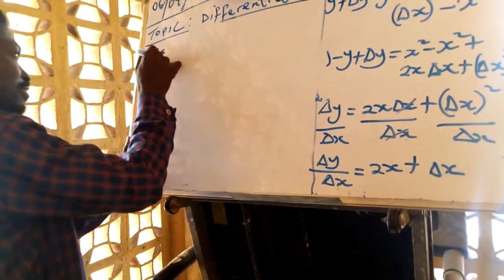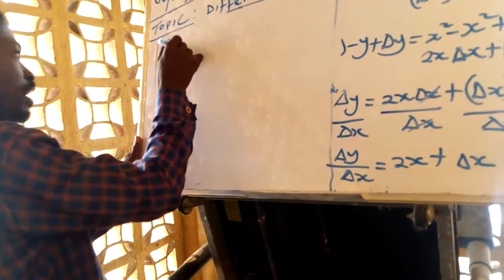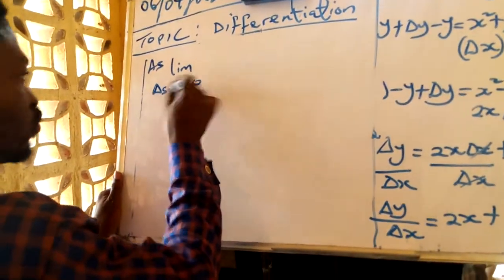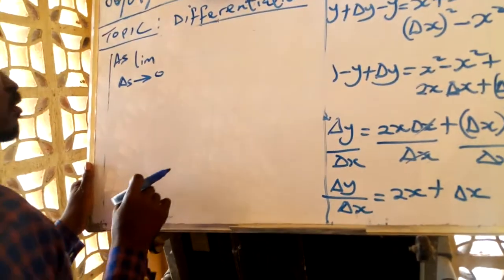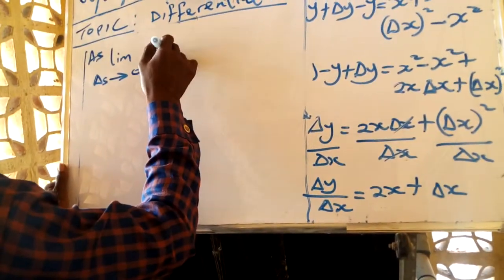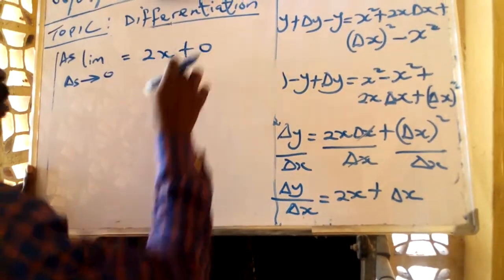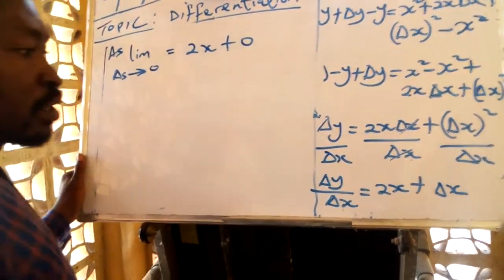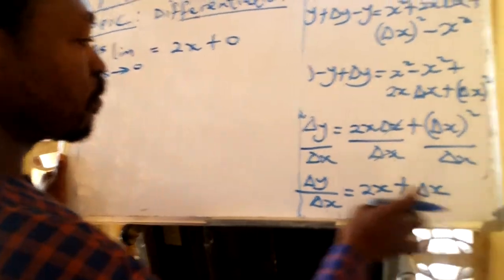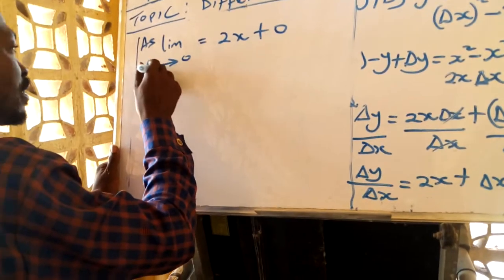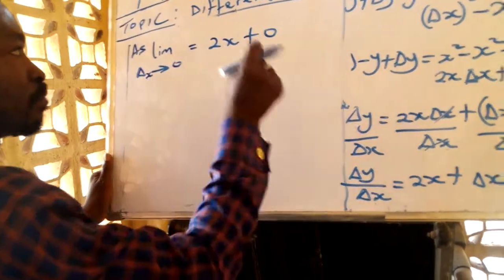We now say as the limit of delta x tends to 0, what do you have? You can say 2x plus 0. Why is it 2x plus 0? It simply means that anywhere you see delta x, simply put 0 there.